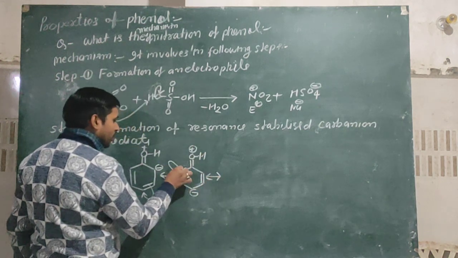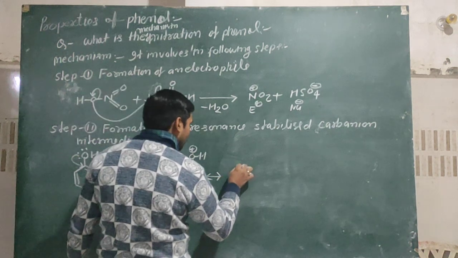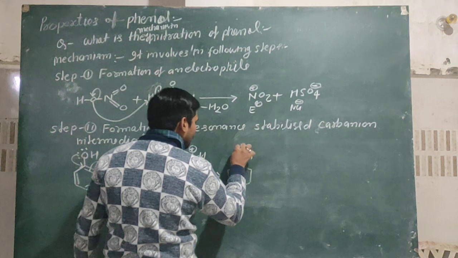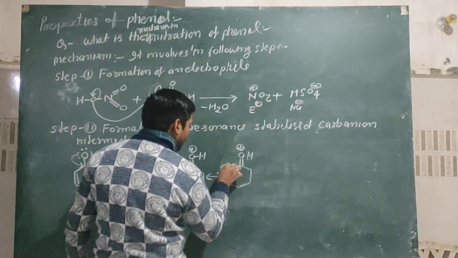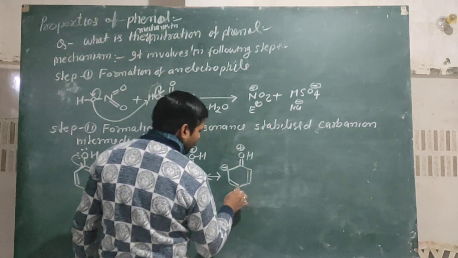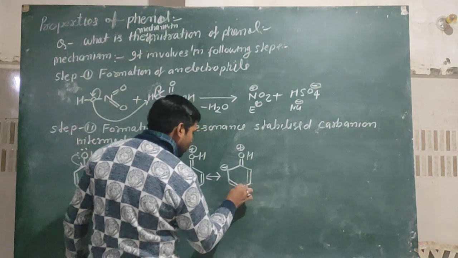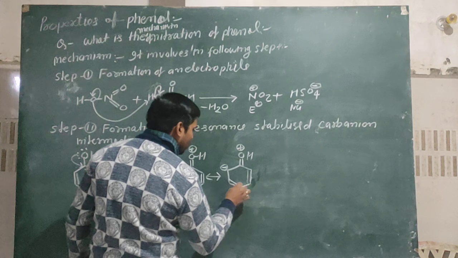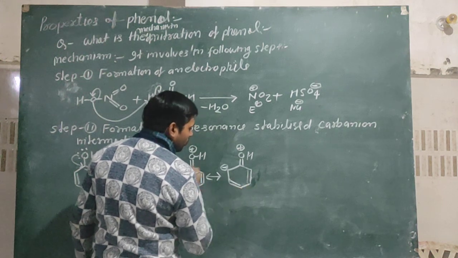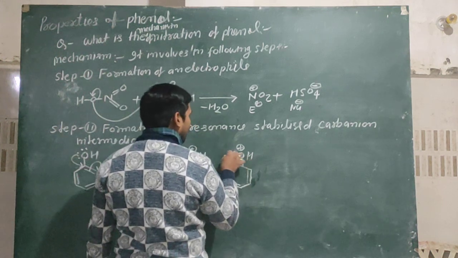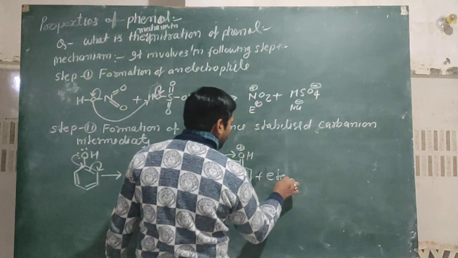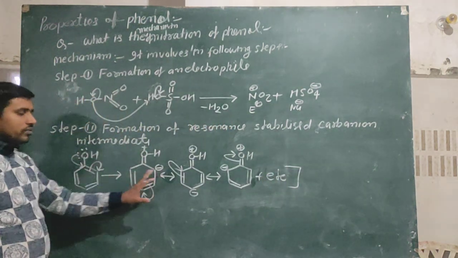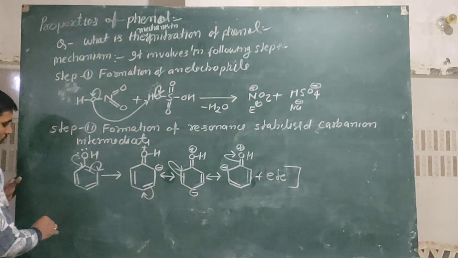Further, this pi bond breaks toward this carbon center to form OH plus, negative charge, and here positive charge. Further, if this bond breaks, then it becomes phenol. Okay, it is the resonance stabilized carbanion intermediate.